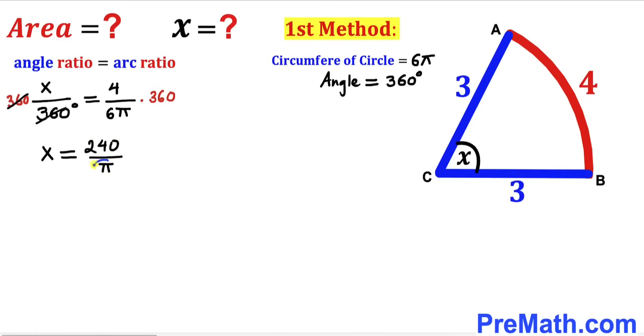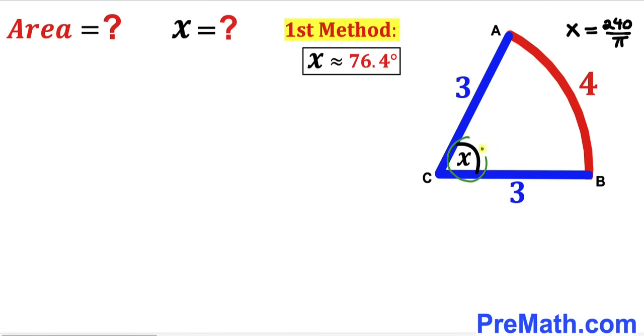We know our pi value is approximately 3.14, so our angle x is approximately equal to 76.4 degrees.